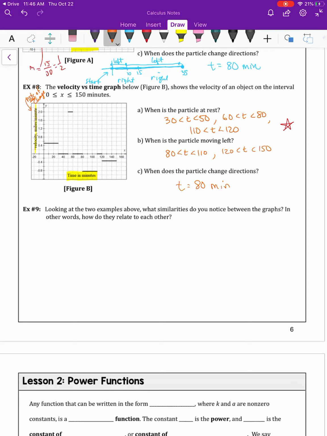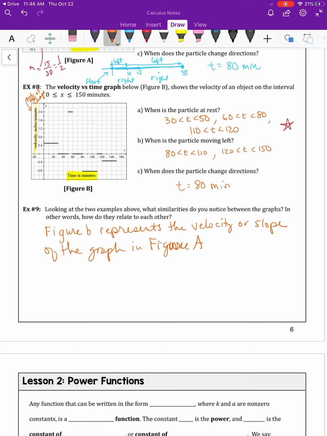So what I put was figure B represents the velocity or slope of the graph in figure A. And basically that's the gist of what I got.